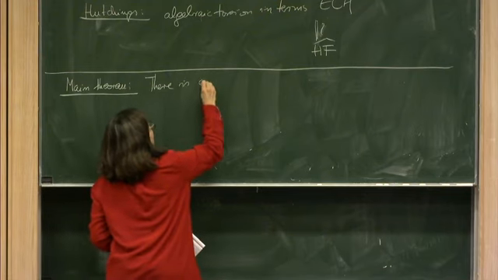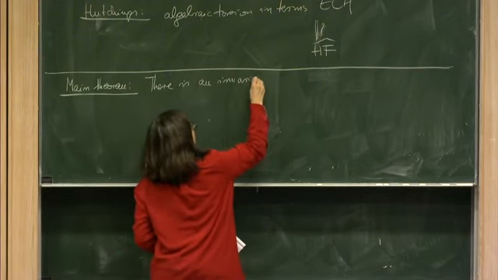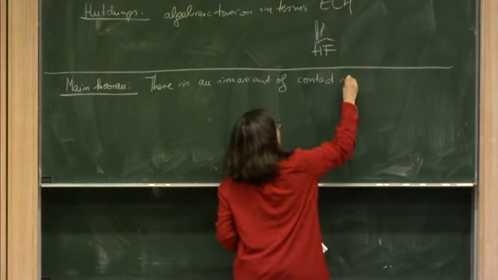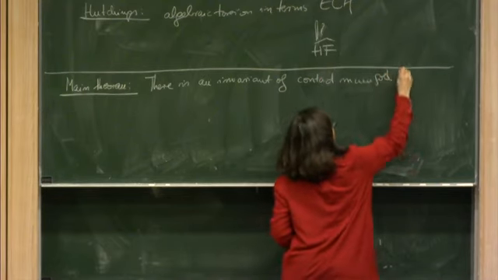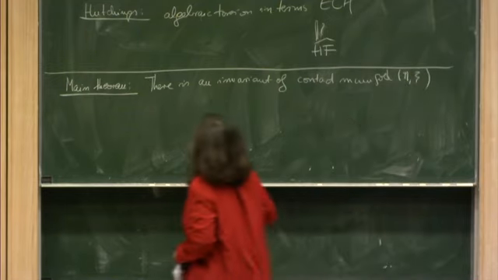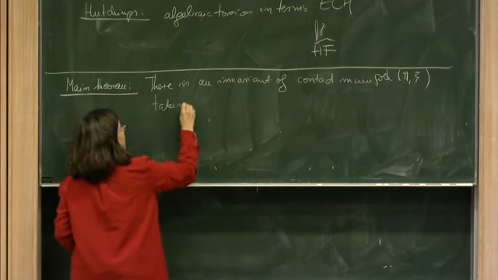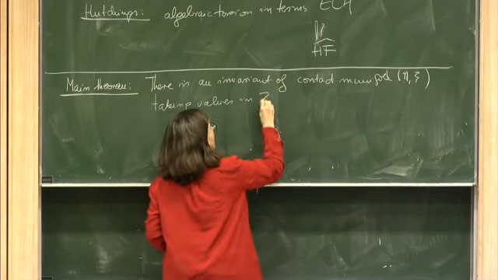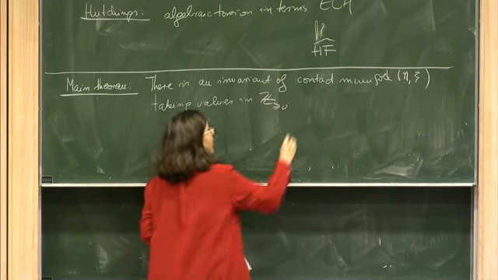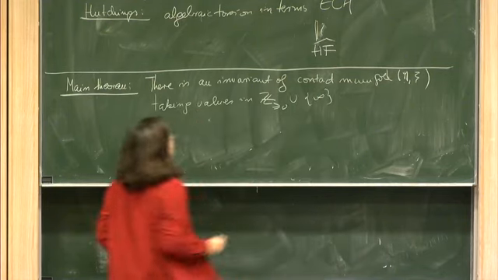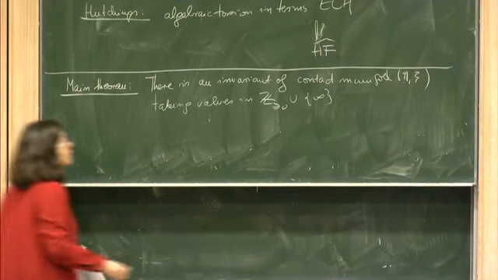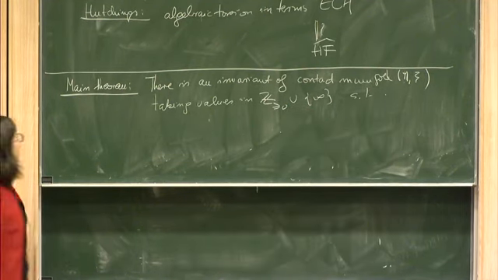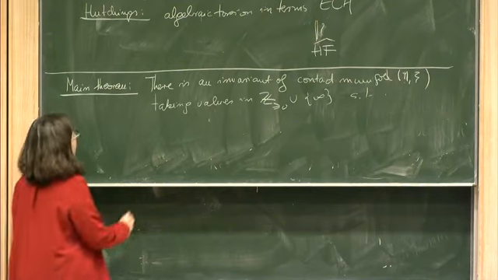So there is an invariant of contact manifold and psi, taking values in Z non-negative union to infinity, which is such that we kind of spread the difference between 0 and non-zero in the Heegaard Floer invariant.